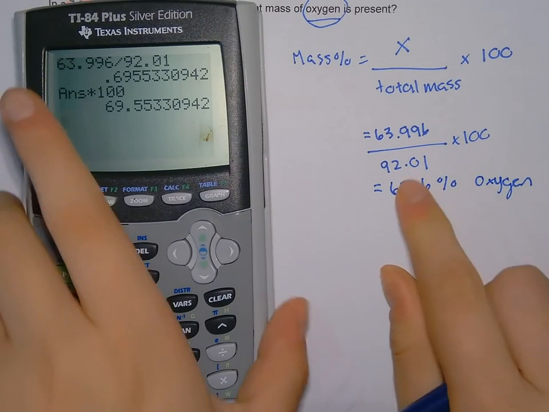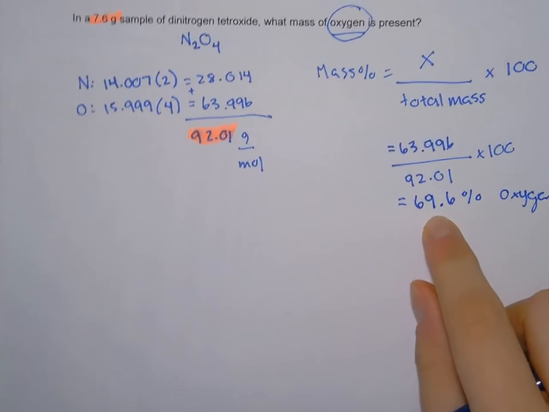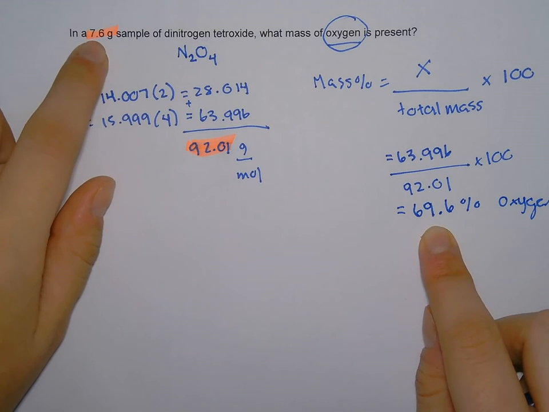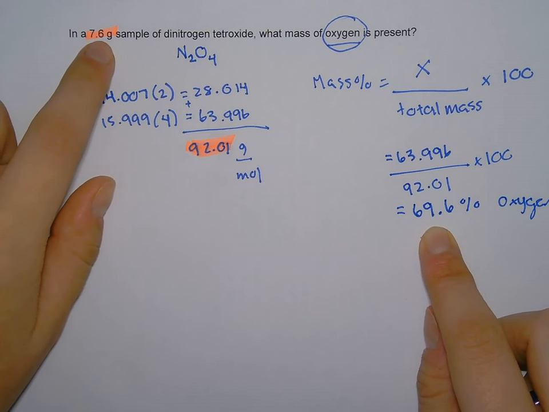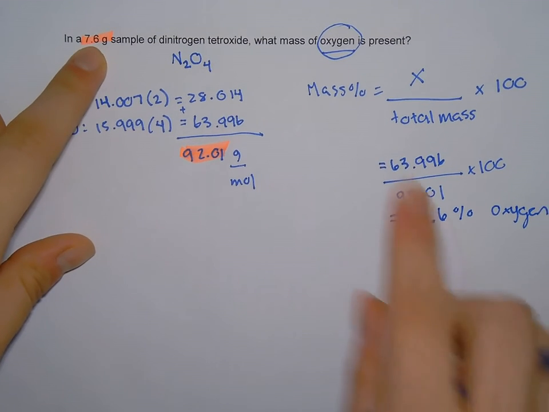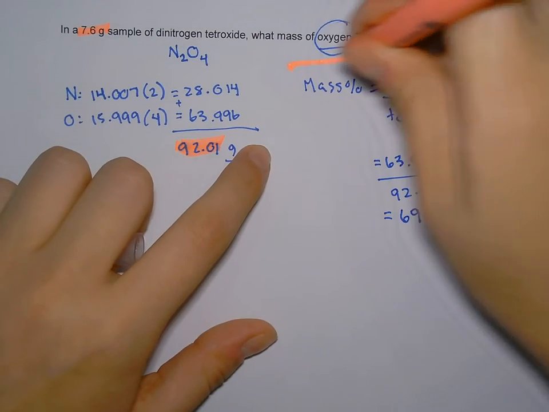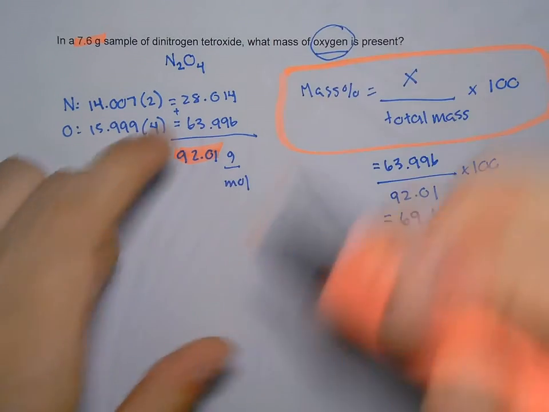So now I can use this that I know to figure out the grams of this sample that have oxygen. So again, go back to my formula. Remember my formula, I can plug in numbers, right?